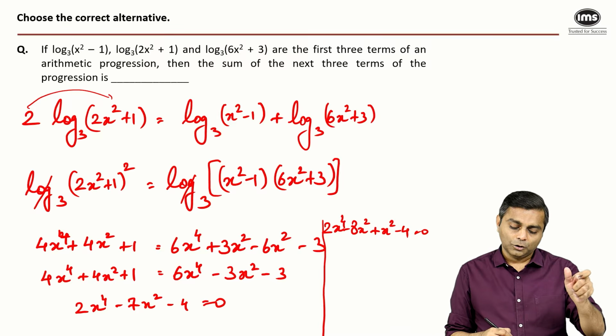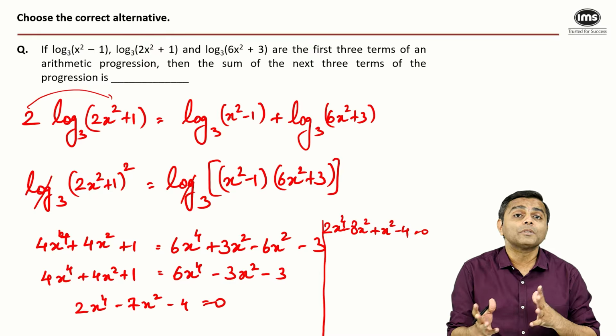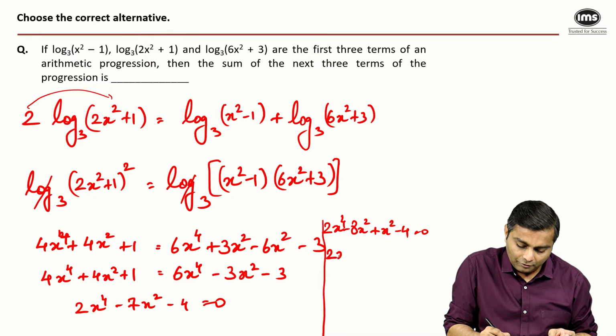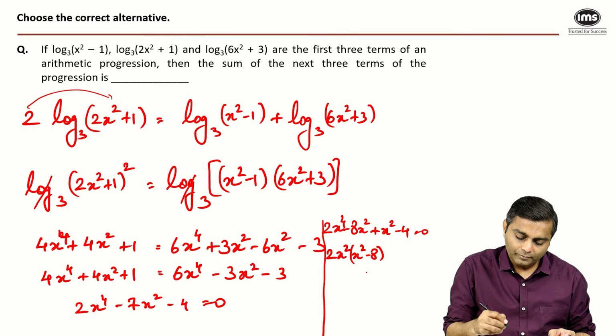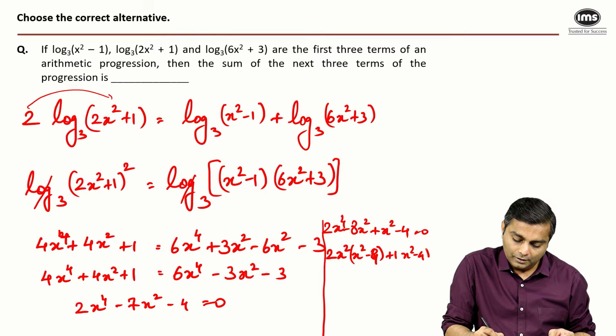So from the first two terms, 2 times x raised to 4 and 8x squared, you can take 2x square common. So you have 2x square and then x square minus 8, and from x square minus 4, you will have x square minus 4, which is equal to 0. So what do you have?